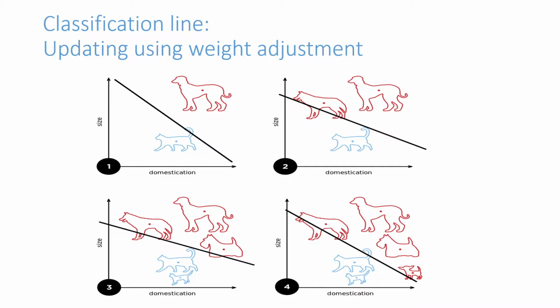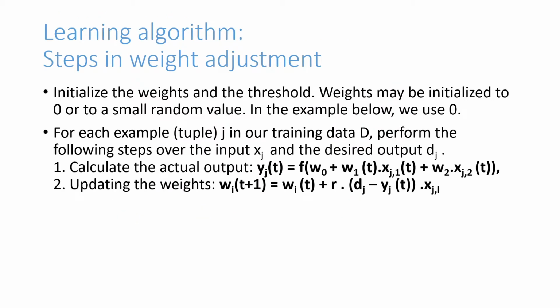You can see as the number of examples is increasing, the classification line in iterations becomes better and better, and finally it will be able to classify correctly which class the given example belongs to. These are the steps in weight adjustment.